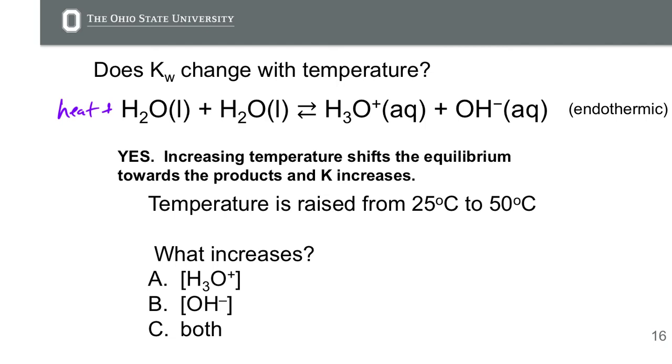It's endothermic, and so heat is a reactant in this case. So if we add more heat, which direction does this reaction shift? Yes, it shifts towards the right, the product side, and that means we're going to form more H3O+ and more OH-.